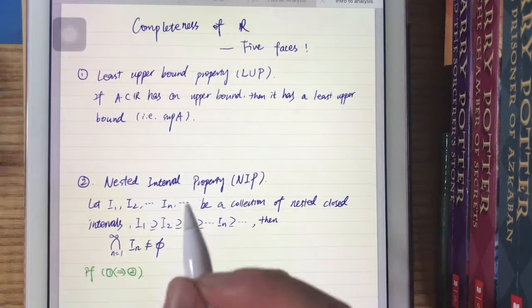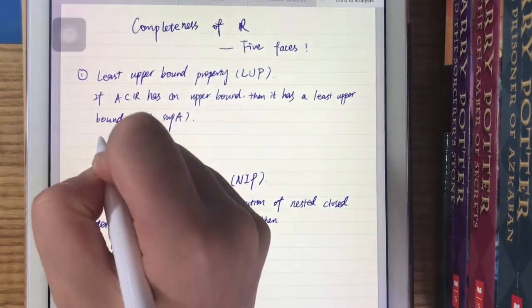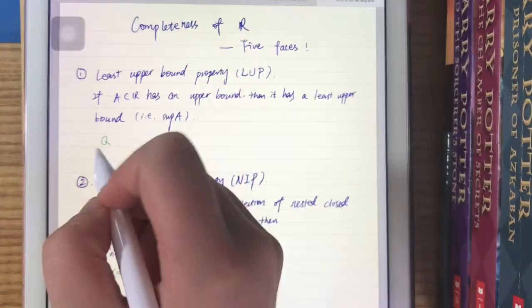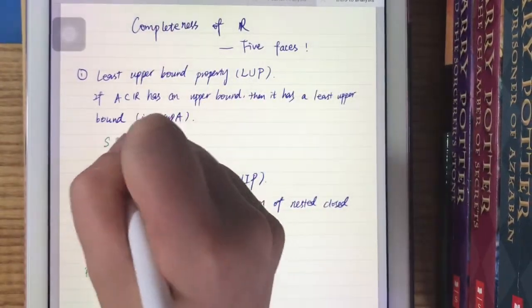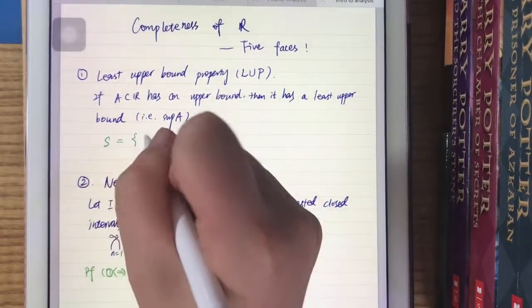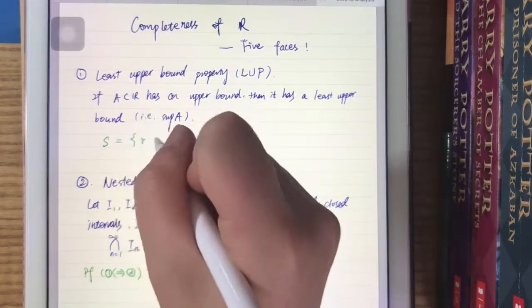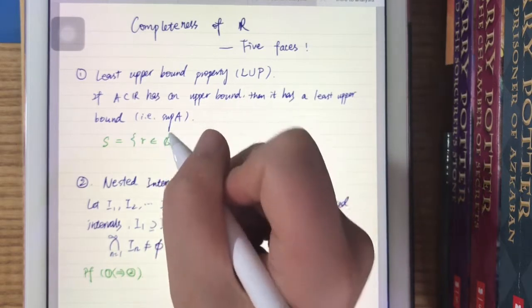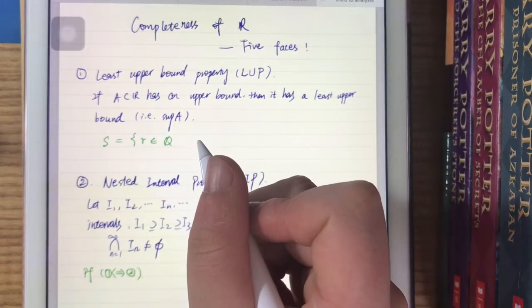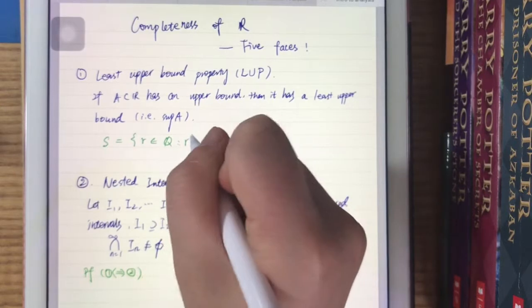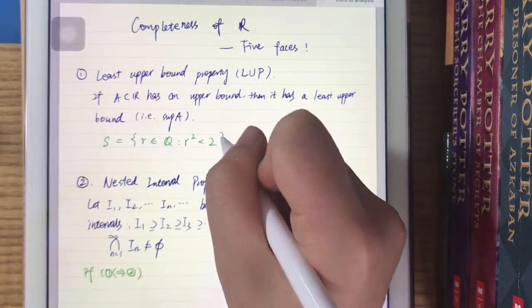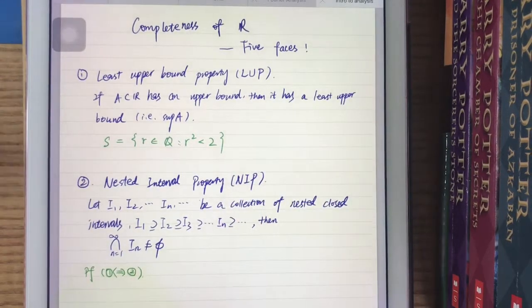Well, for example, say we have Q. We call it S. S is a set that contains elements r, which are rational numbers, and the square of r is smaller than 2. Then this set S has no least upper bound, right?